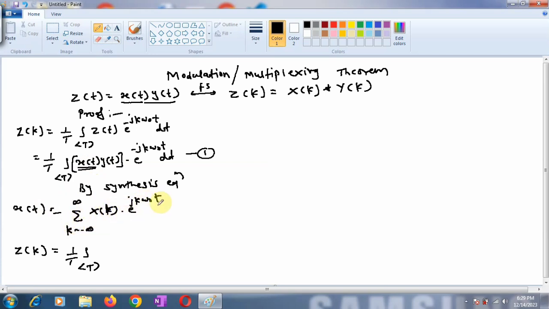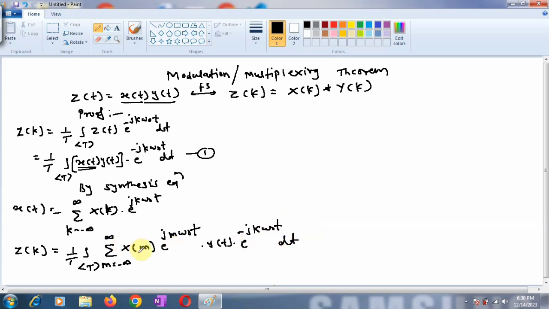But now here instead of k I will replace it by a variable m. So I will write here m is equal to minus infinity to infinity x of m into e raised to j m omega 0 into t. So this is the value of x of t into y of t into e raised to minus j k omega 0 t into dt.